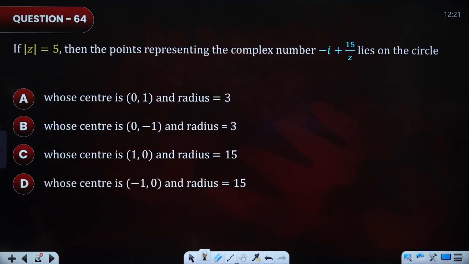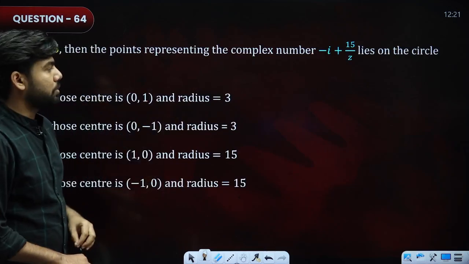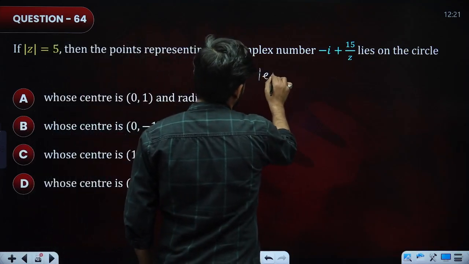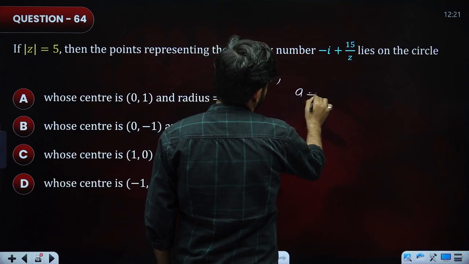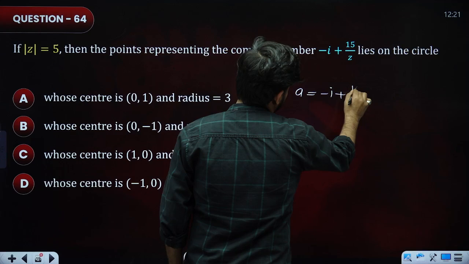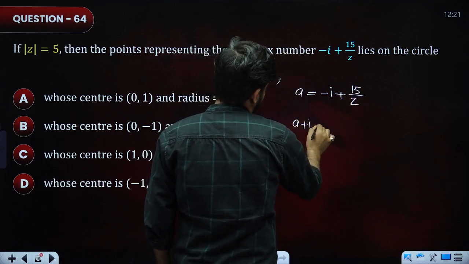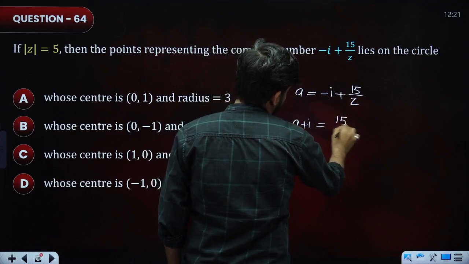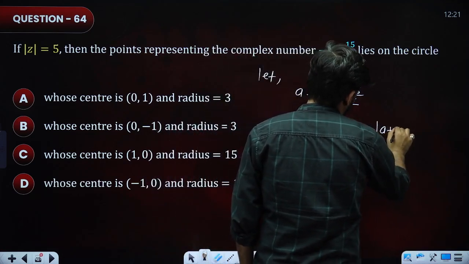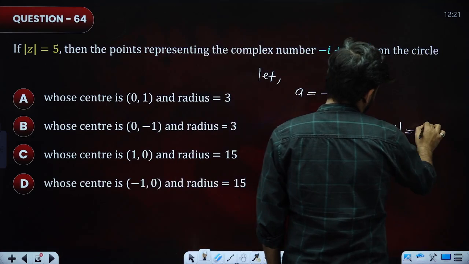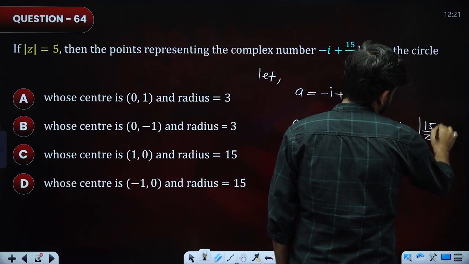In the next question we have mod of z equals 5, then the points representing the complex number. So let the complex number represented by a be equal to minus iota plus 15 upon z. So here we can write a plus iota is equal to 15 upon z, taking it in mod. So this is equal to mod 15 upon z.